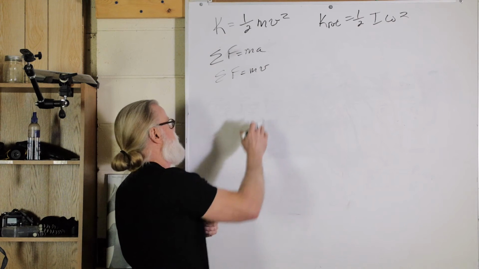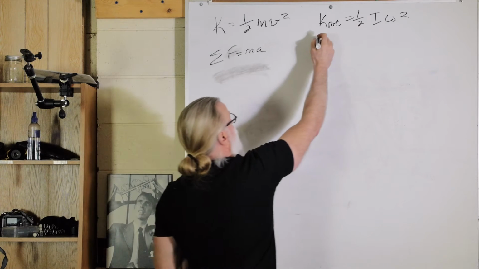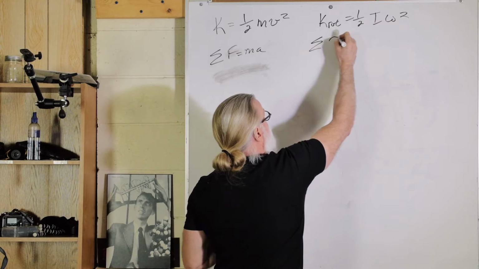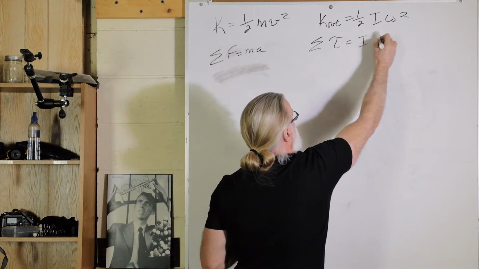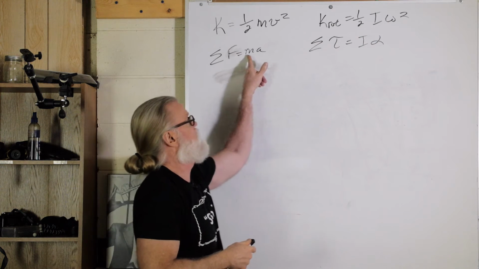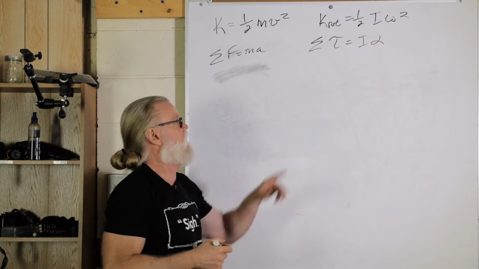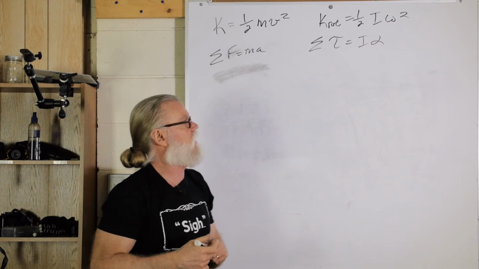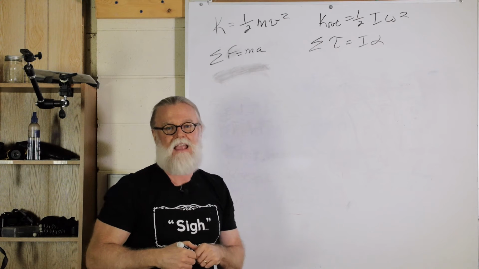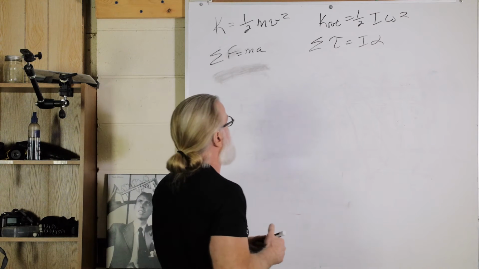You don't need forces for velocity, right? So in rotation, we had the sum of the torques equal moment of inertia times angular acceleration, where again, our mass is being replaced by this thing called moment of inertia. And torques do not cause angular motion, they cause changes in angular motion, right?